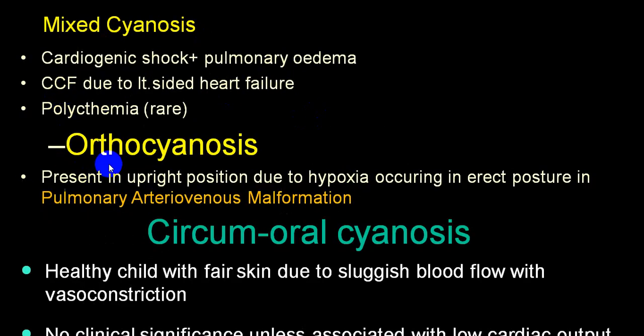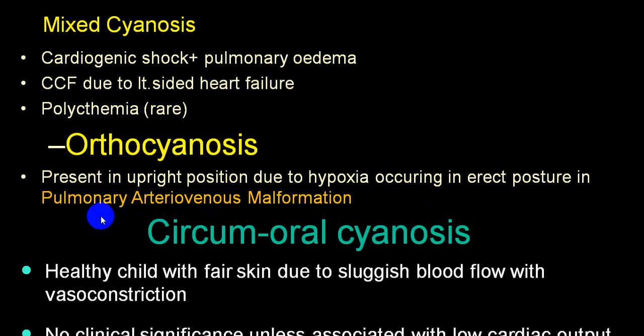There is another word which is being utilized, orthodeoxia. Ortho means erect. So whenever a person acquires an erect posture, person can develop cyanosis. So it is present in an upright posture due to hypoxia occurring in an erect posture. Particularly this is classical in case of a pulmonary arteriovenous malformation.